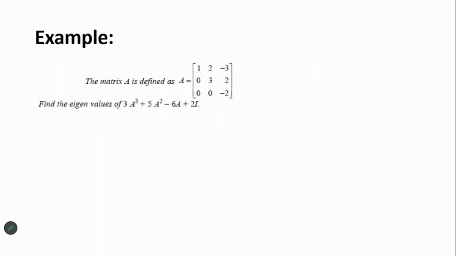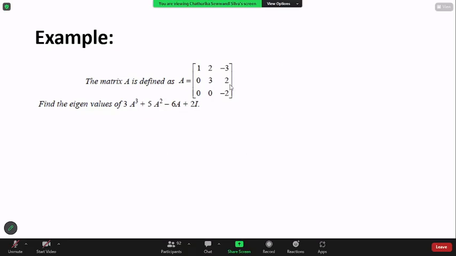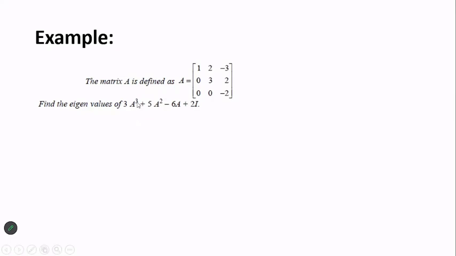So what they ask is, if you closely look at this expression, they are asking 3A cubed, right? So if you know the eigenvalues of A, it will be easy for you to find the eigenvalue of A cube.